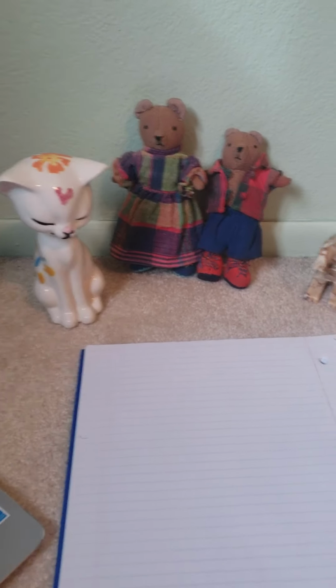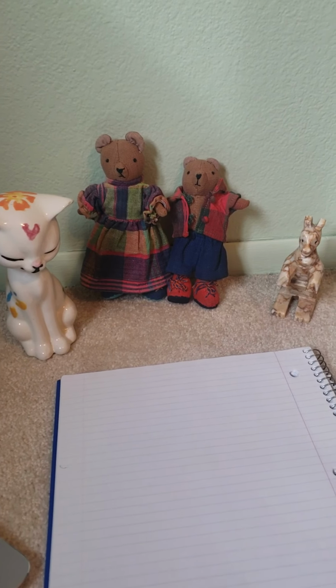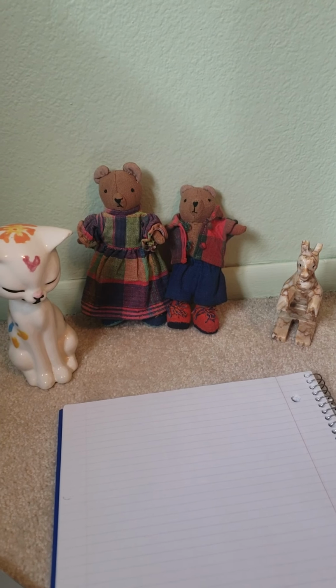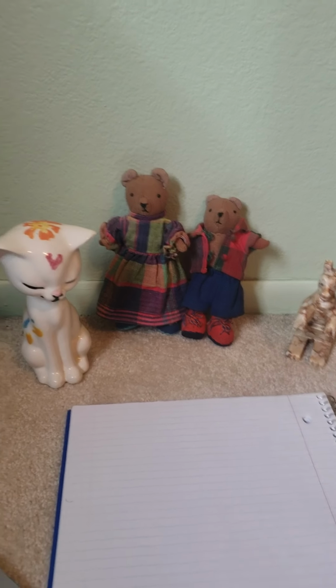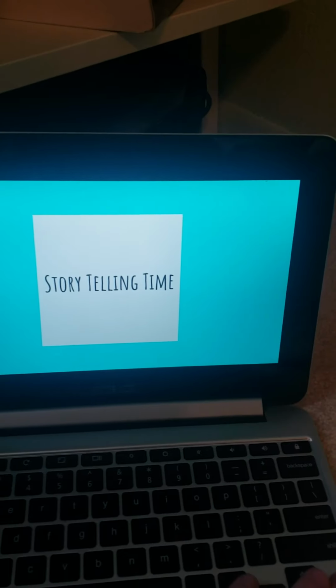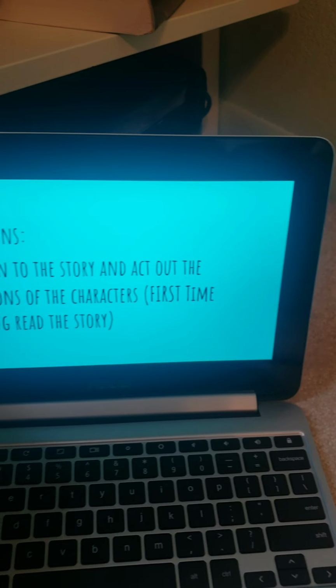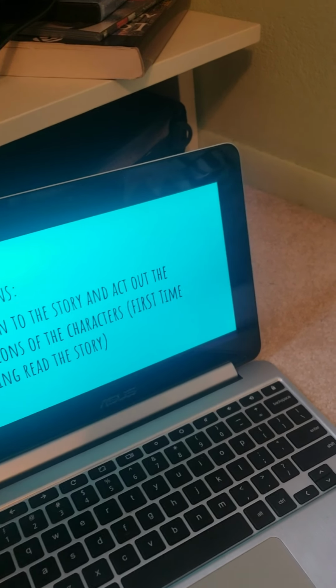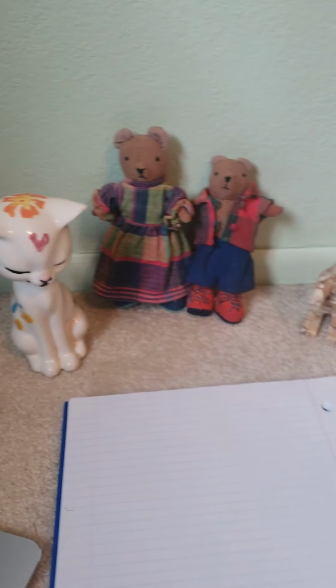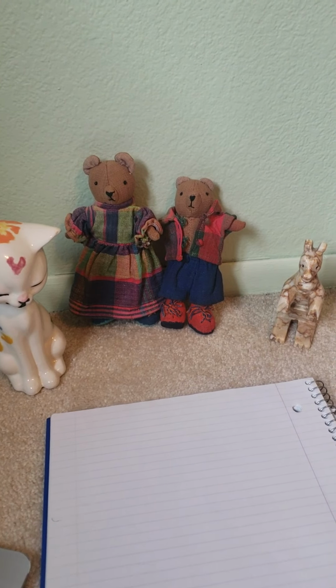I need you guys to listen really closely for the next 30 seconds while I give you some directions, and then we'll be able to do the activity. Cool? Okay, so here are the directions. First, you're going to listen to the story for the first time, and I want you to act out the actions of the characters.